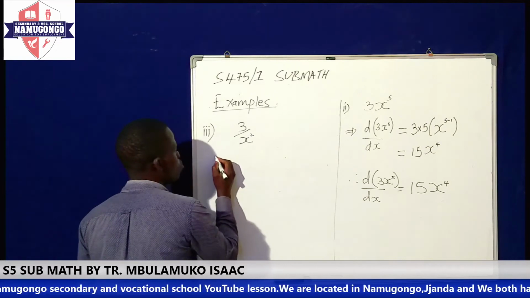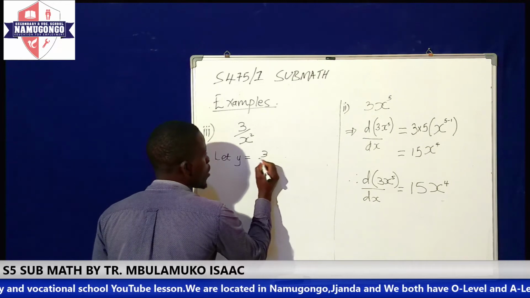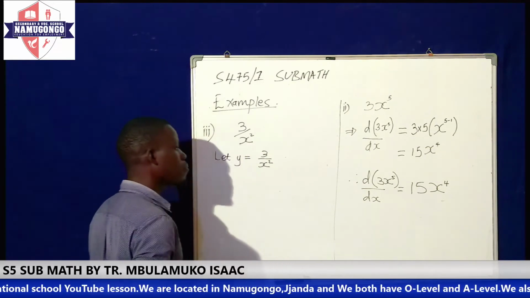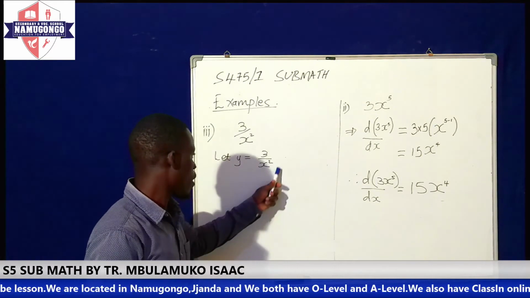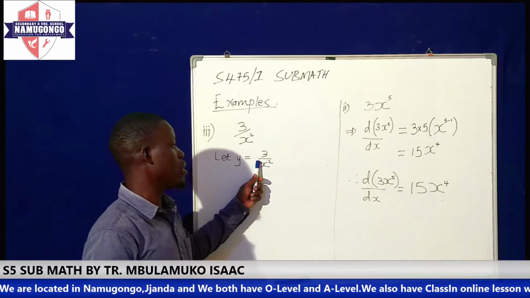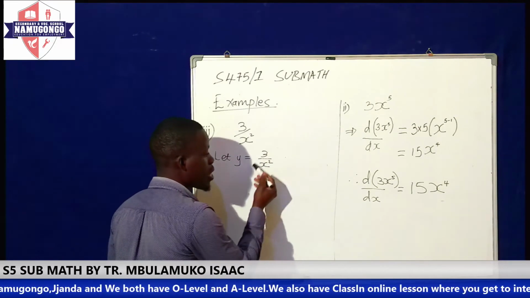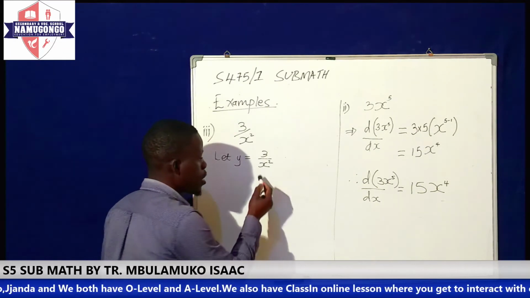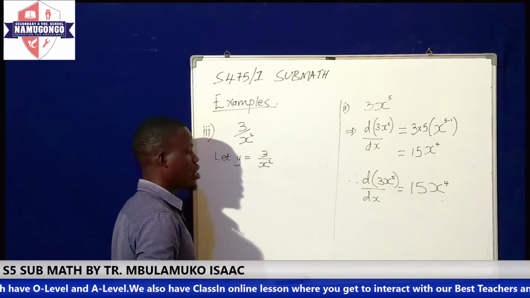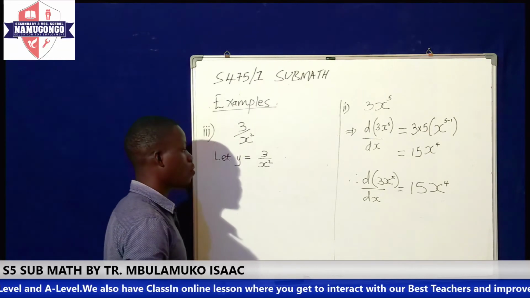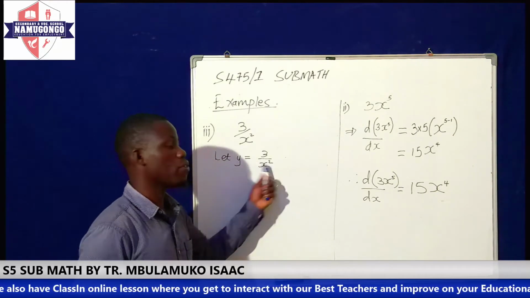Recall that we said we shall start by saying we let our y equal to 3 out of x squared. But remember, in indices, whenever a number is being divided by a given number and this number in the denominator has a power, if we move this value up, the power changes to either a negative or a positive, depending on the operator in front of the power.